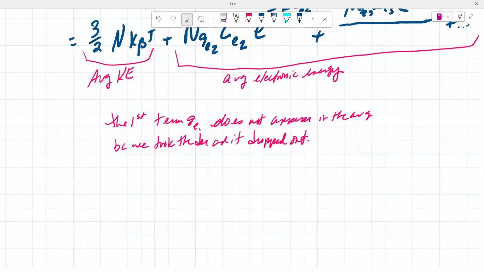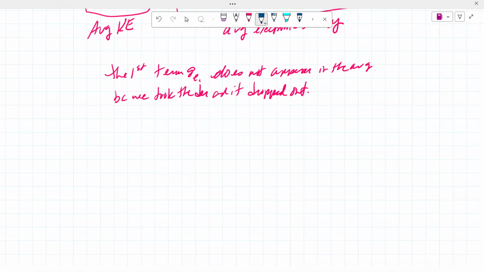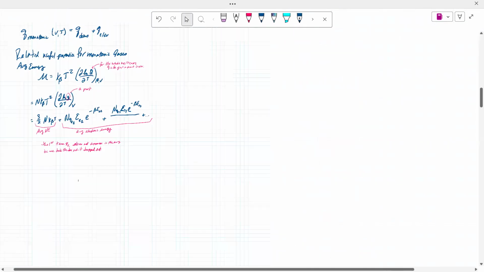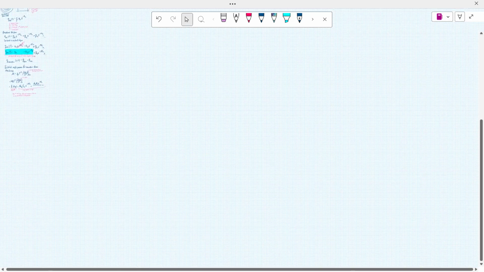Why stop at the monatomic gas when you could have more terms? You could also do this for the diatomic gas. Everything we talked about, starting from the beginning, is all about monatomic gases.